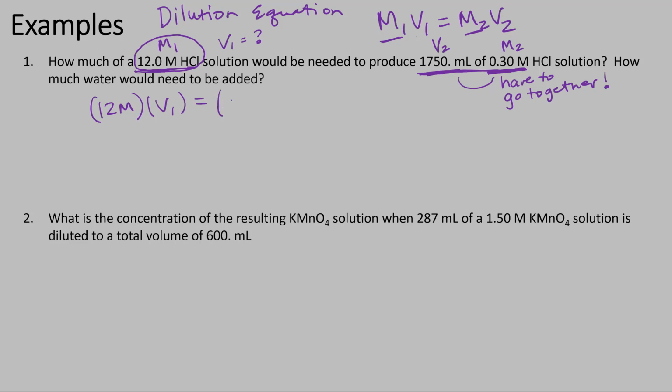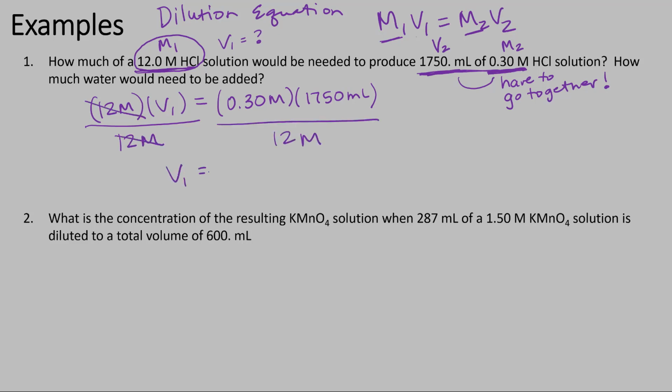M2 is going to be 0.3, and V2 is going to be 1,750. So then I'm going to solve for my unknown, and V1 ends up being 43.75 milliliters. And since we have 2 sig figs, that would be 44 milliliters.